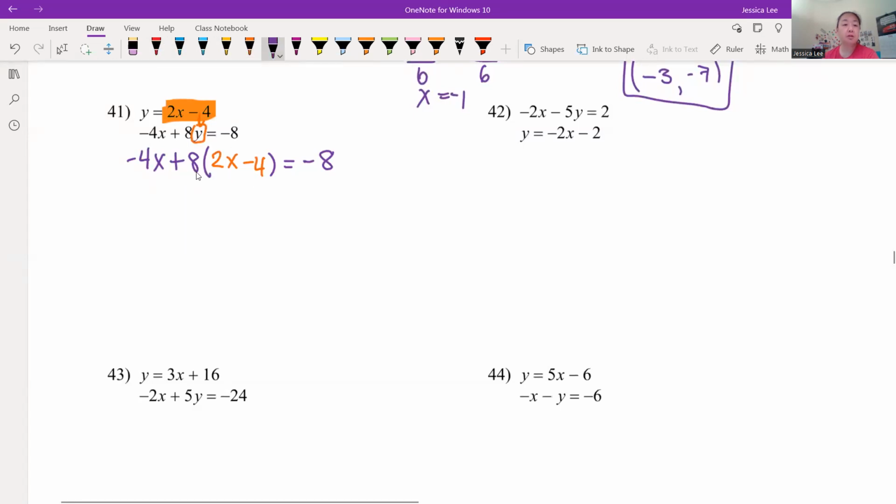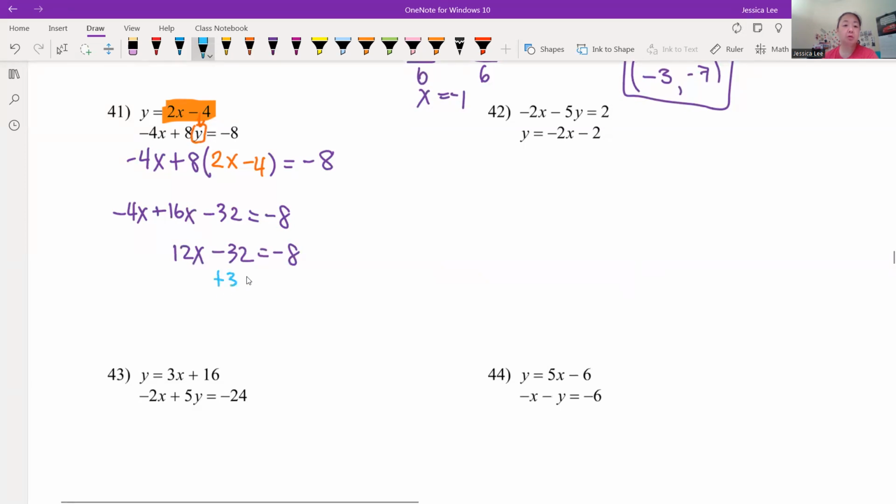Okay, we have parentheses, so we're going to have to distribute. So we have this negative 4x. 8 times 2x is going to be plus 16x. 8 times negative 4 is going to be negative 32 is equal to negative 8. We have some like terms over here. Negative 4x plus 16x is 12x, minus 32 is equal to negative 8. Now we're back to our two-step equations.